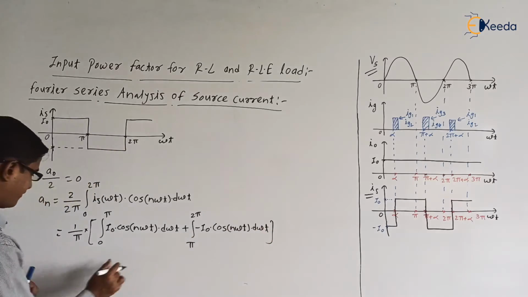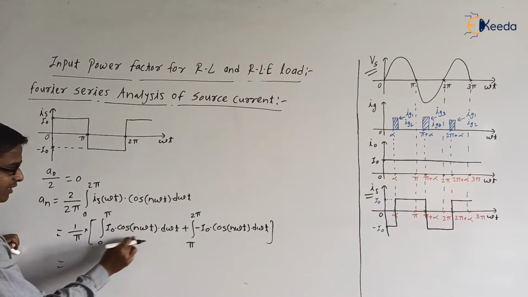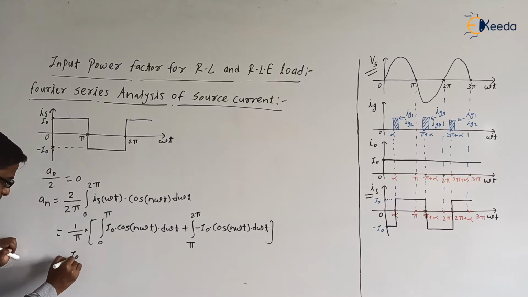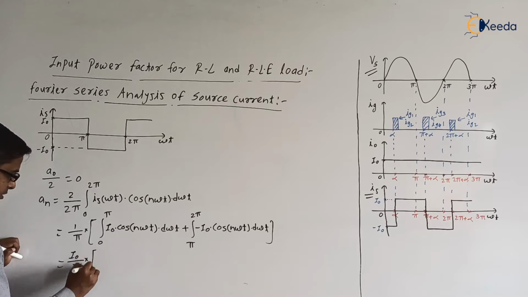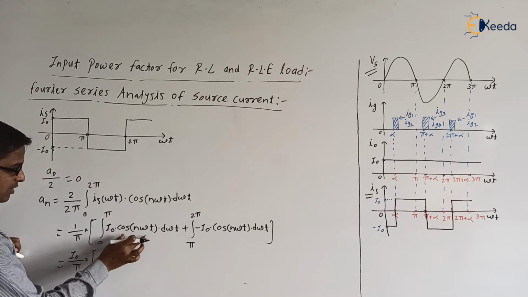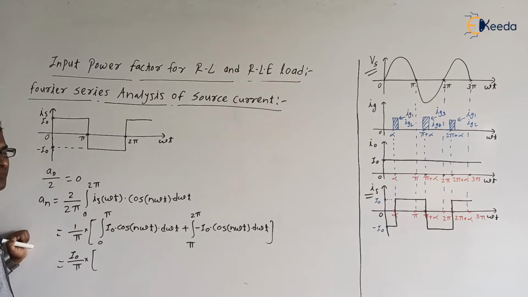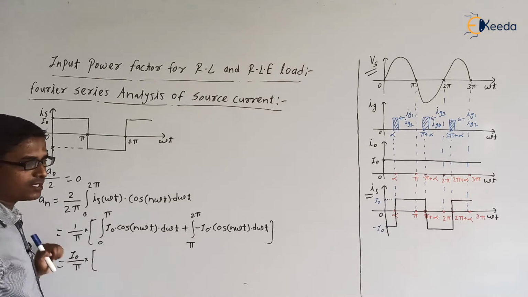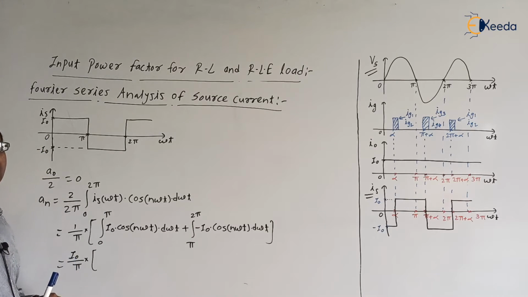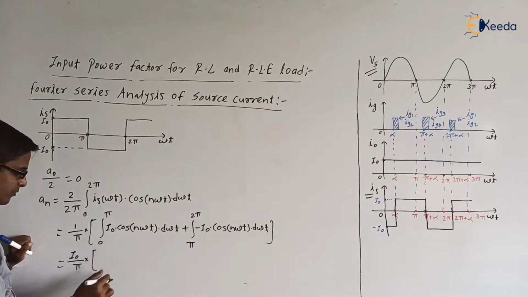So further, can we simplify it? Yes, we can take I0 outside, so it is I0 by pi into the integration of cos of n omega t with respect to d omega t, right? So it is sin of n omega t by n.